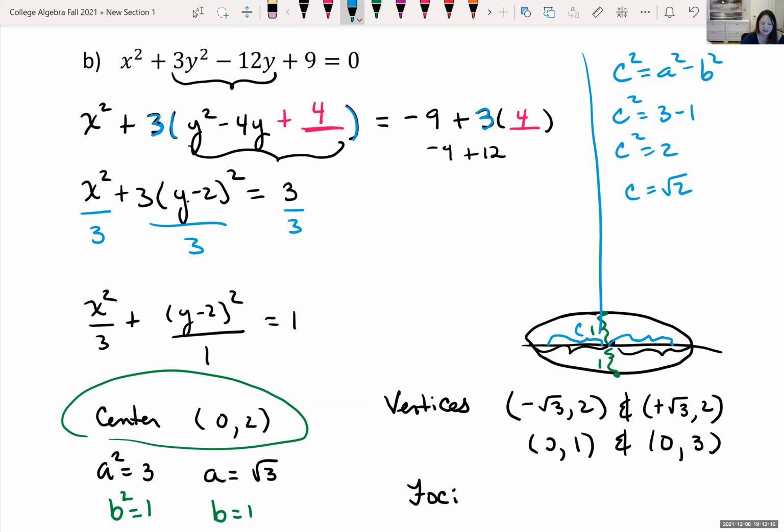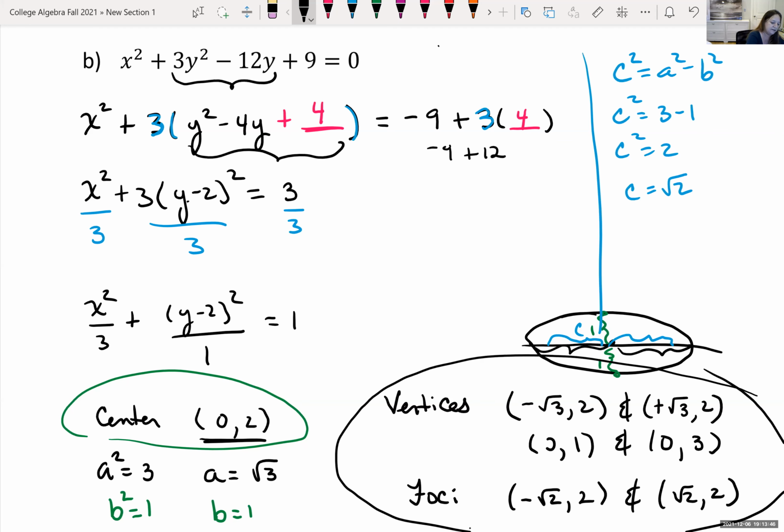These are distances, and that's why I am ignoring the negative when taking the square root. Okay, so adding and subtracting root 2 from my x value of my center. So that would give me negative root 2, comma 2, and positive root 2, comma 2. Okay, so we've listed everything it asked us to find once we identified the shape, which was an ellipse.